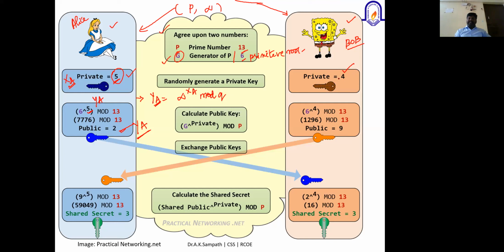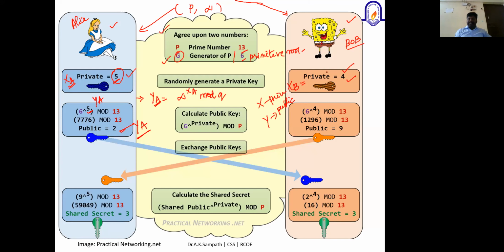At the receiver end, again, Bob has selected his private key 4, and let's assume this is XB. So I am using X for private and Y for public.